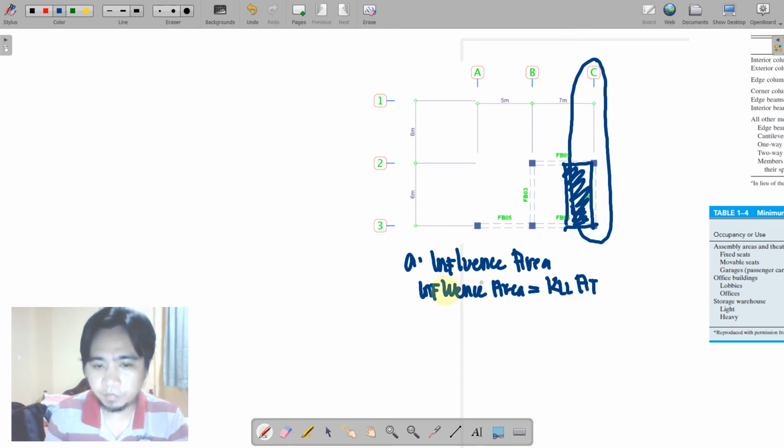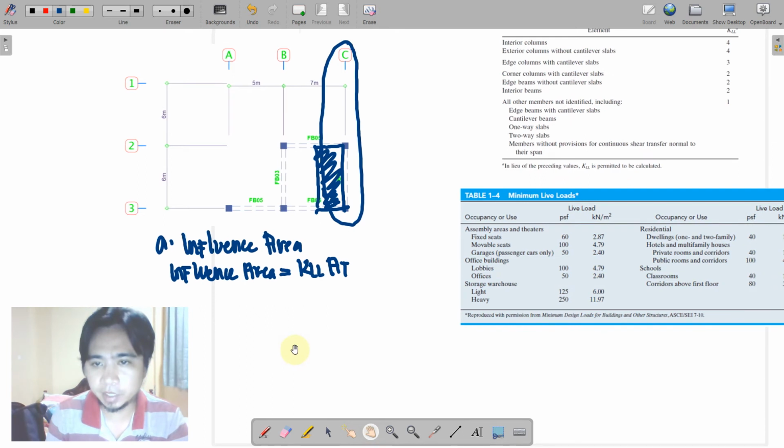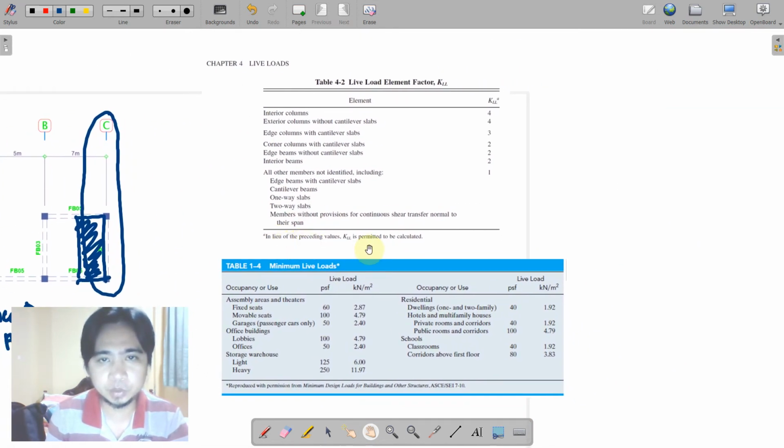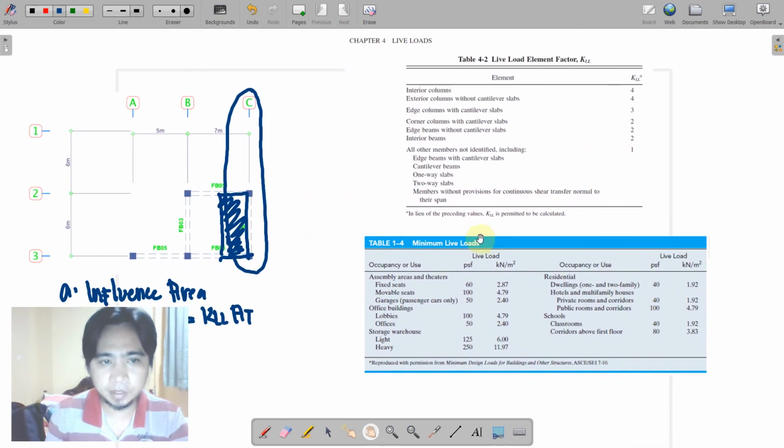We can find the values of KLL through this table. As we can see, the beam here is at the edge, although we do not have any extension or cantilever beam.